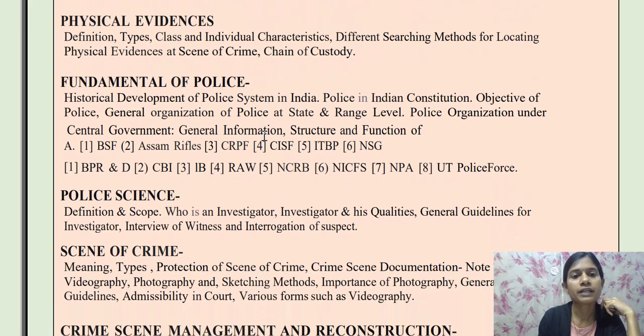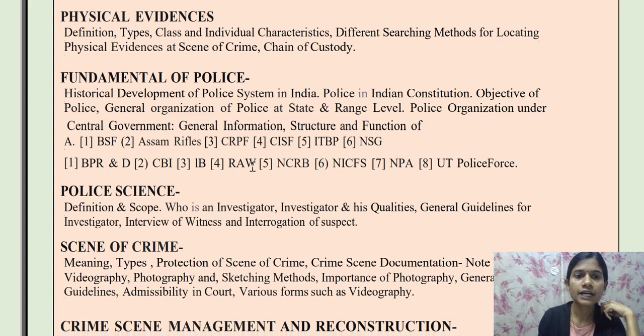Next, coming to fundamentals of police. How the police system was developed is included in the historical development of the police system in India, police in the Indian constitution, objective of police, and general organization of police at state and range level. Next, police organization under the central government, the police departments under it, their general information, structure and function.